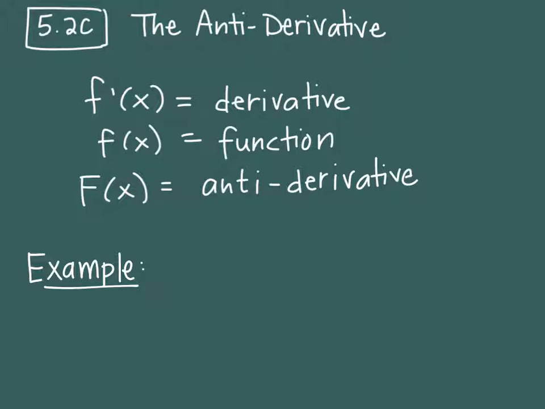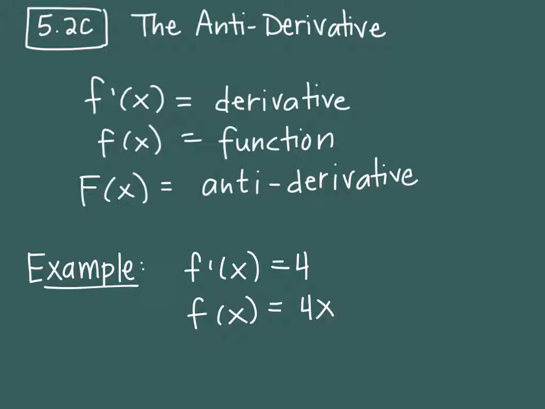So if the derivative was given to be 4, then you knew that the function would have been 4x. In other words, if the slope was 4, then the function would be 4x.